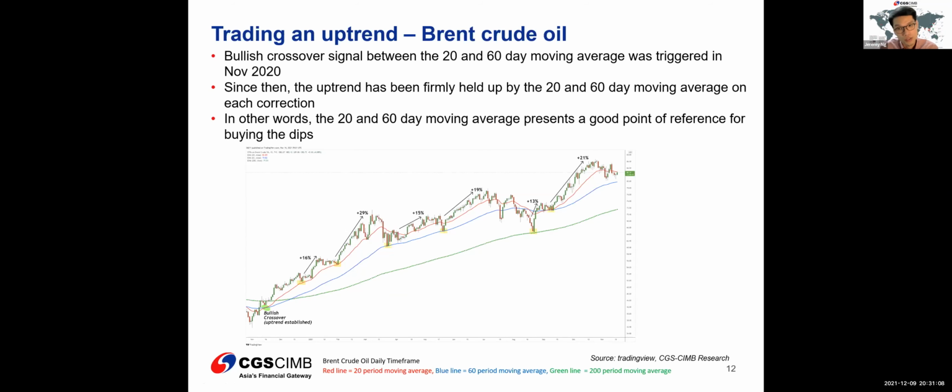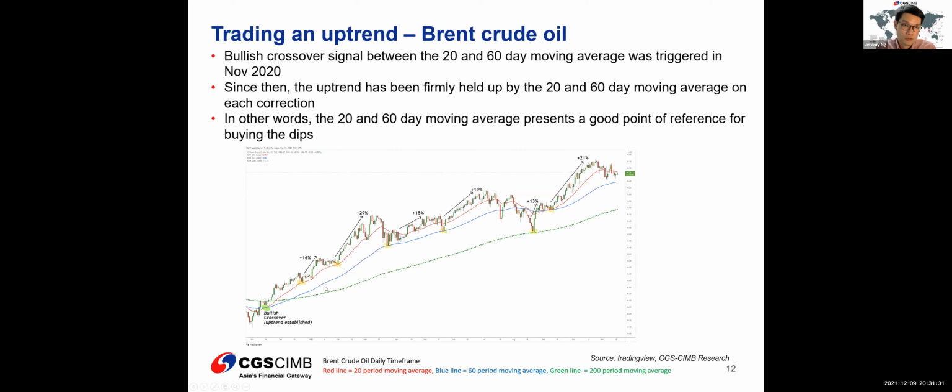So again, once we identify the uptrend playing out, the next thing we would like to do is wait for a buying opportunity, where we get some form of pullback down to, again, the two key levels I mentioned, the 20-day moving average as well as the 60-day moving average, which is the red line, followed by the blue line over here respectively.